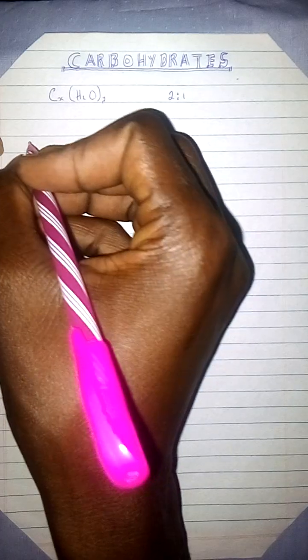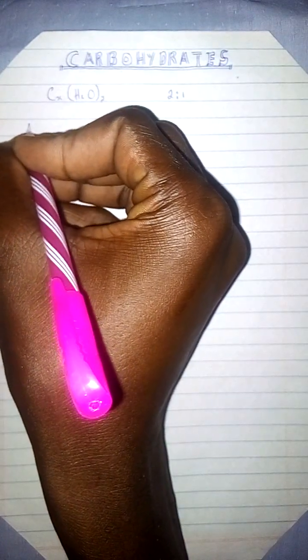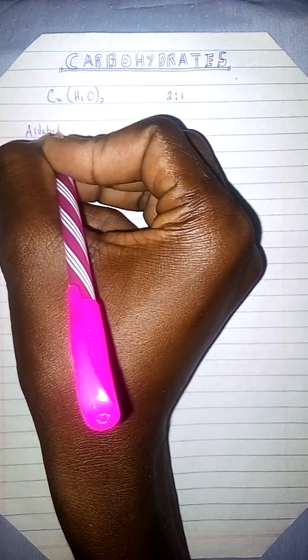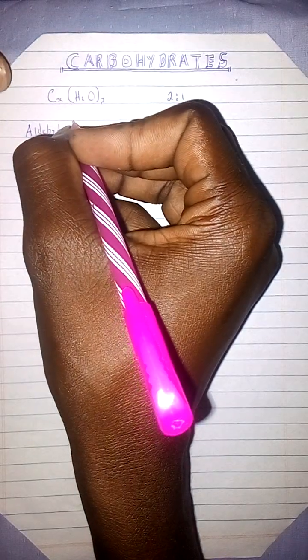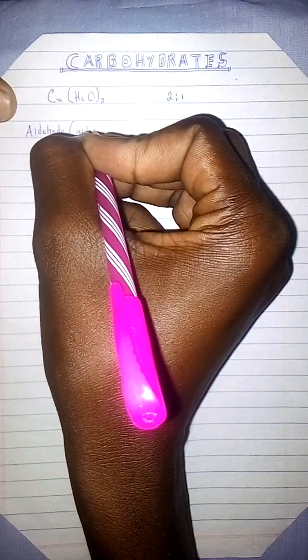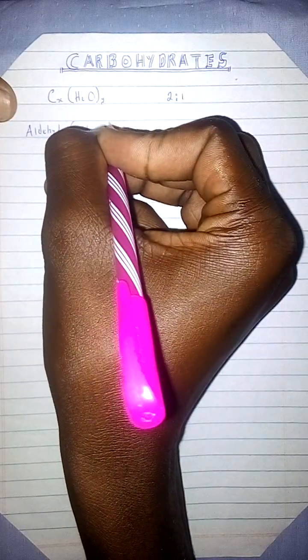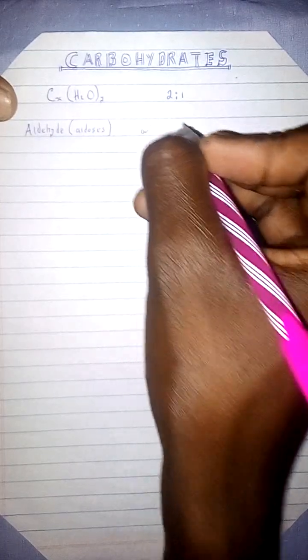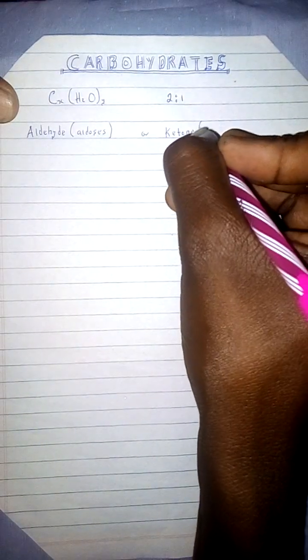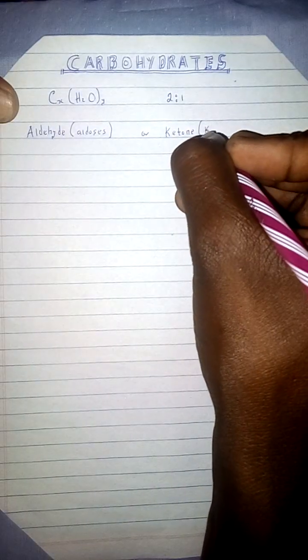So carbohydrates can exist in two forms. They can either be aldehyde, also known as aldoses, or they can exist as ketone, also known as ketoses.